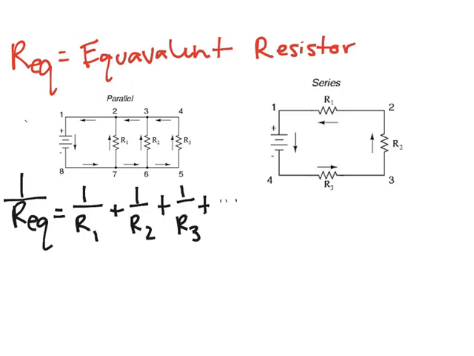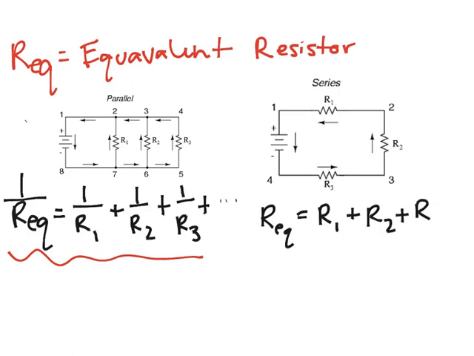So this equation right here is the R equivalent in parallel, and the R equivalent for series is actually much simpler. It's just add them up exactly as they are, and so on and so forth to however many you have in series.